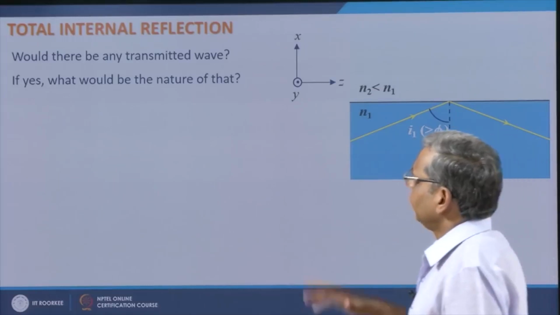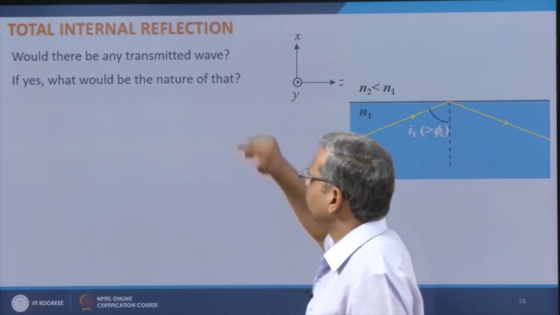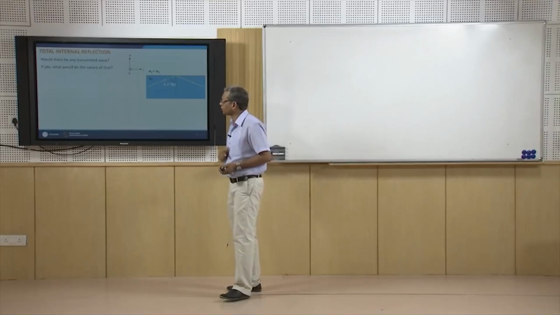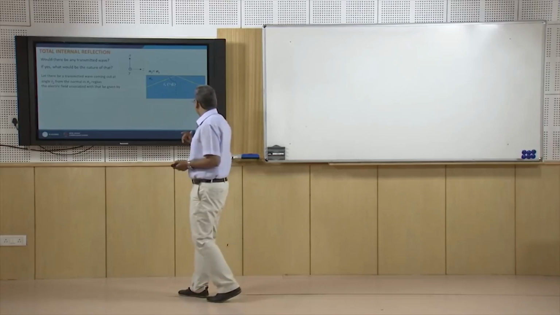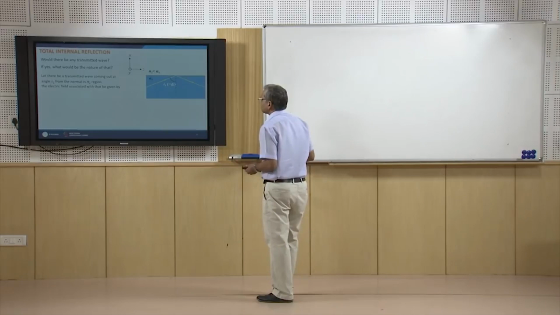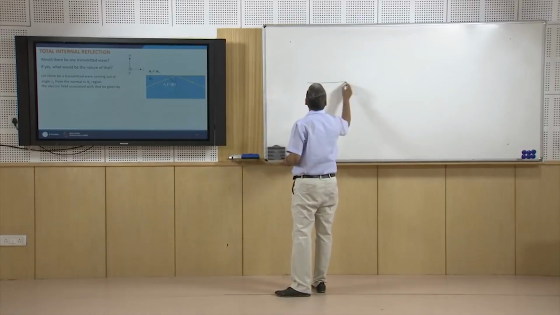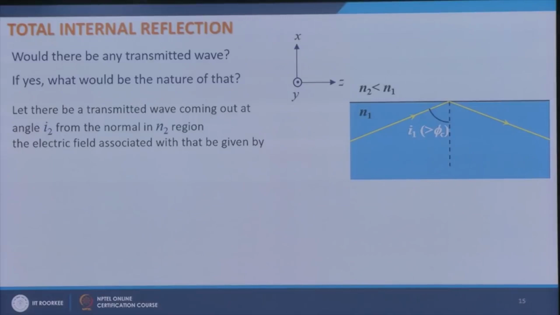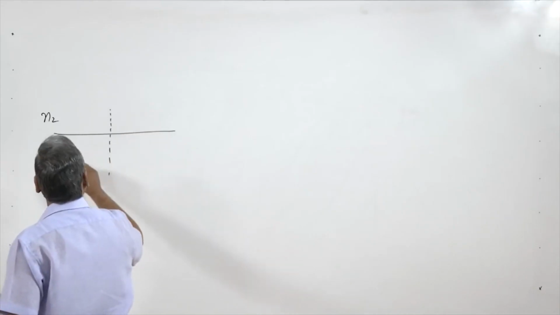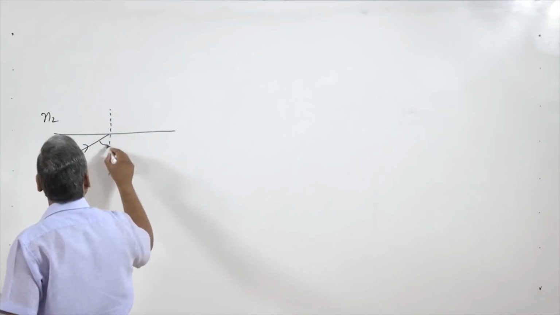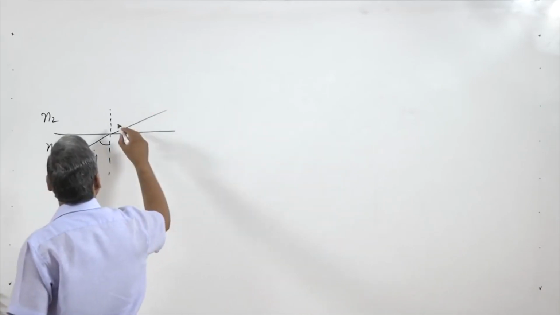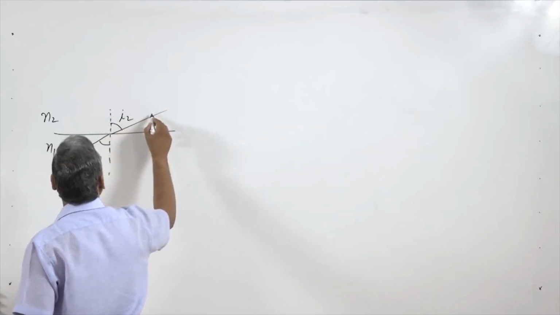So first of all, would there be any transmitted wave, and if yes, what would be its nature? So I let there be a transmitted wave which is coming out at an angle I2. If this is n1, this is n2, this is the interface and this is the normal, this is the incident one at I1, and here I have at I2 the transmitted one.